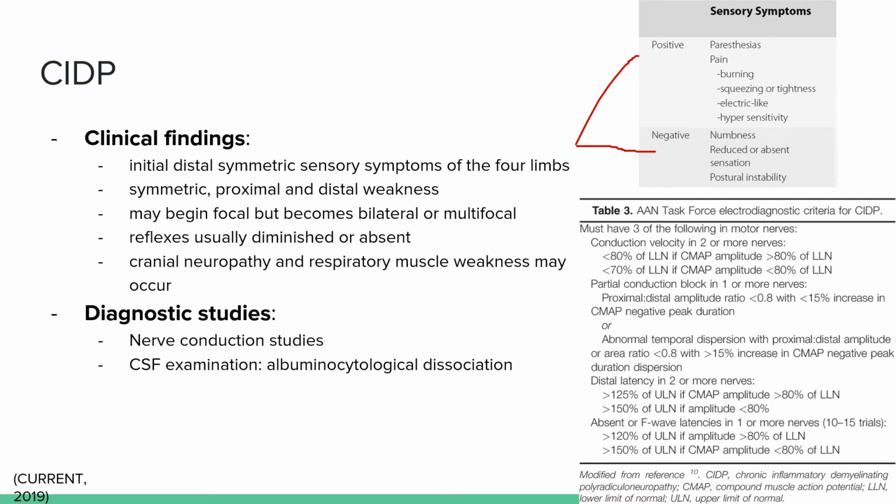Then a symmetric proximal and distal weakness develops that may begin focal but becomes rapidly bilateral or multifocal. Reflexes are usually diminished or absent, and cranial neuropathy and respiratory muscle weakness may occur.